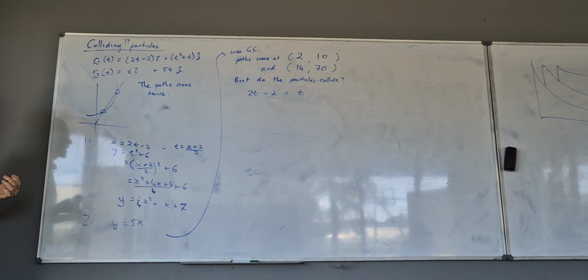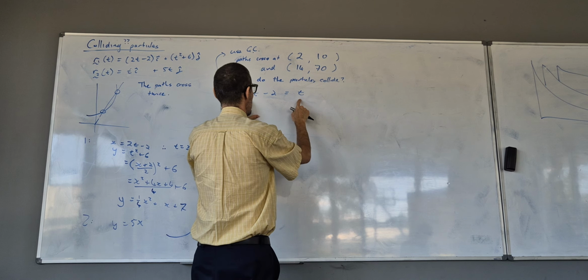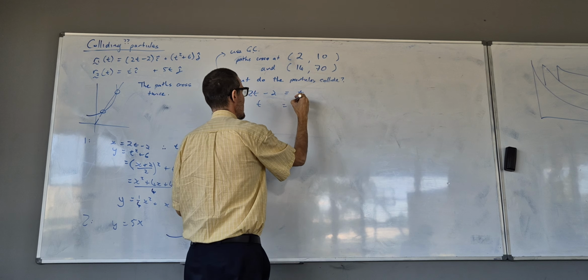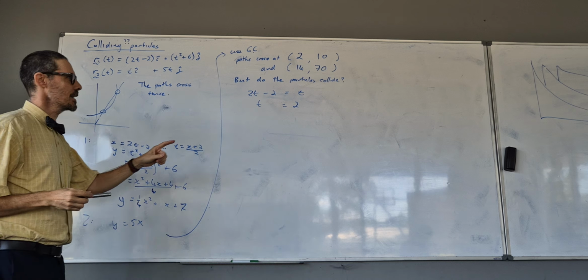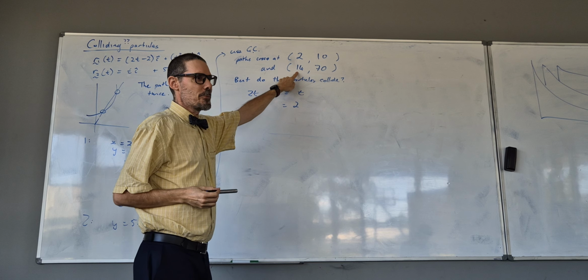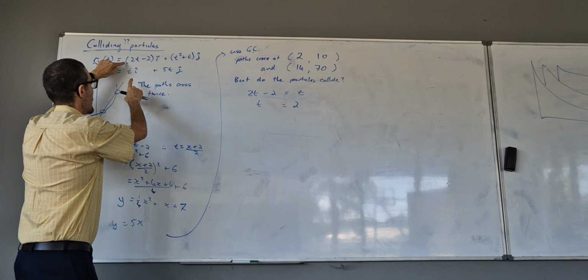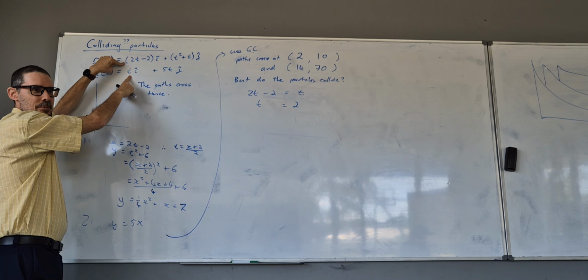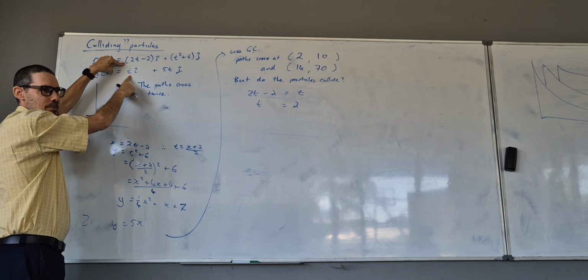If they're going to collide, they have to be at the same place at the same time. Use the time. If this is true, then t must equal 2. So I can tell you already, they aren't even at 14 at the same time. There's no way to get 14 by equating their x coordinates. They don't meet at 14.